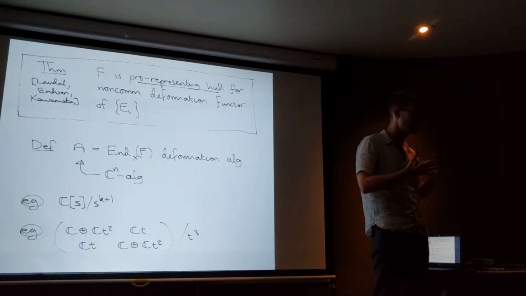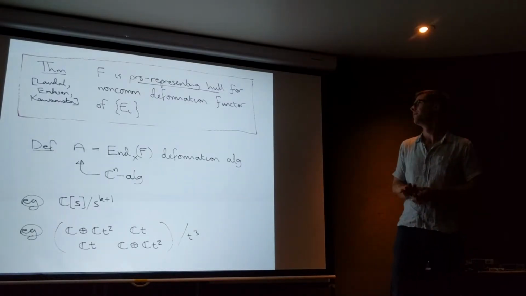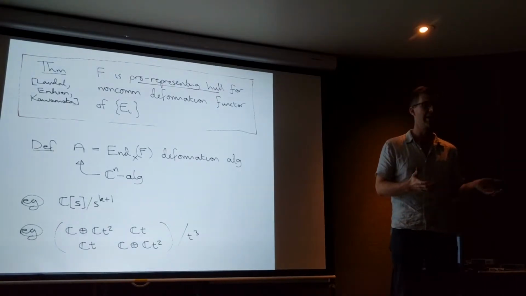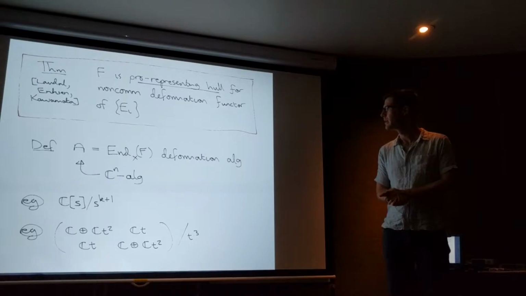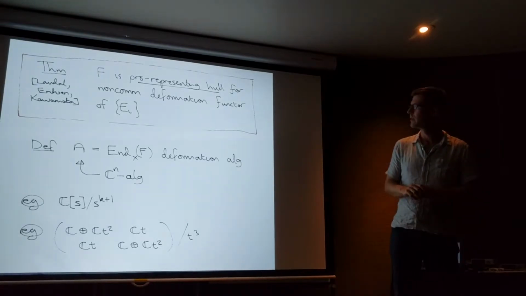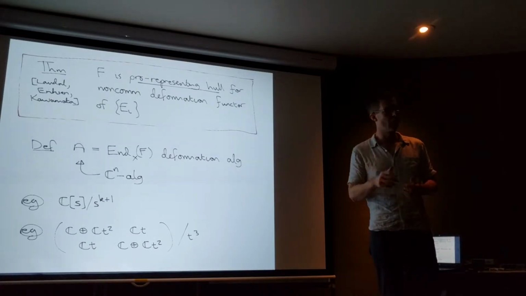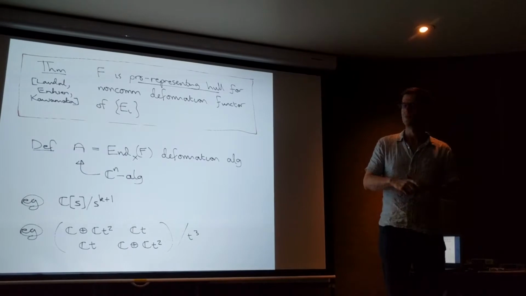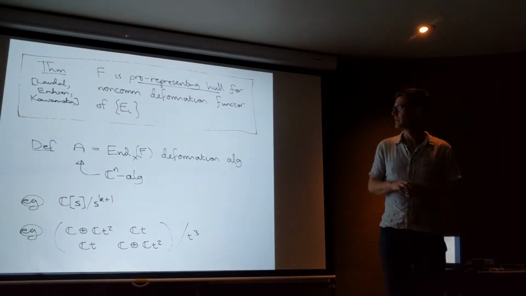Okay, so F is the pro-representing hull for the non-commutative deformation functor of these EIs. So I'm not going to explain the term pro-representing hull. I will explain what the non-commutative deformation functor is. So that functor will control the non-commutative deformations of the EIs. And what's a pro-representing hull?